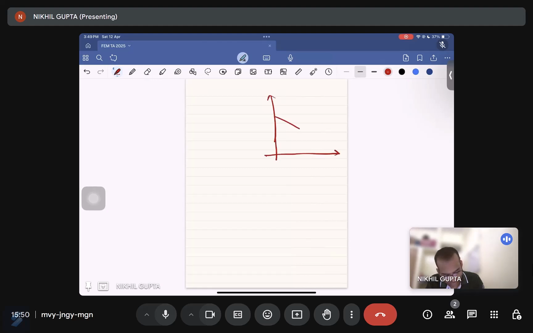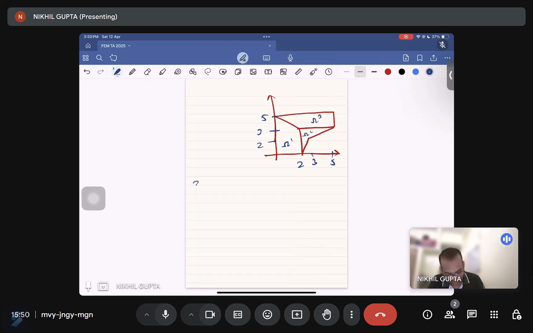So this is a coordinate system. This is 2, this is 3, this is 5. Here it is 2, here it is 3, and it is 5. Now this is domain 1, this is domain number 2, and this is domain number 3.